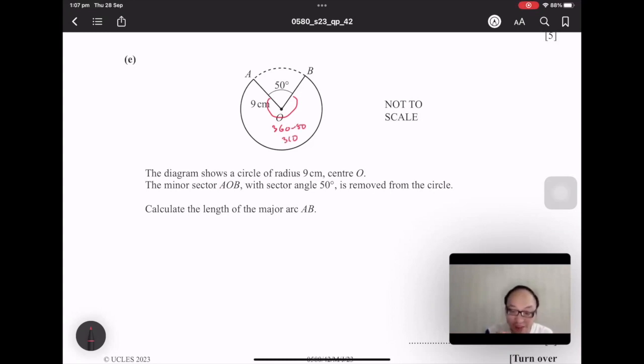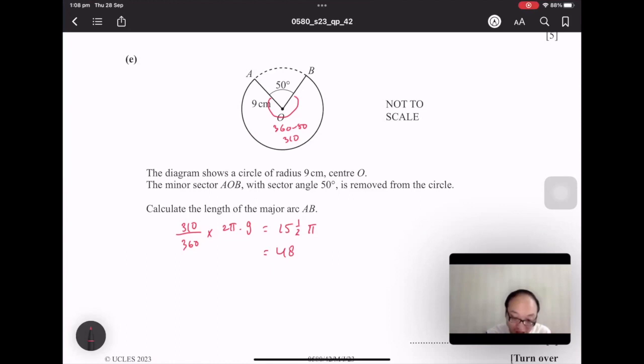So the major arc will be 310 over 360 times 2 pi r, 2 pi times 9. So this is equal to 15.5 pi. Or if you want to put in decimal, this is 48.7 centimeters.